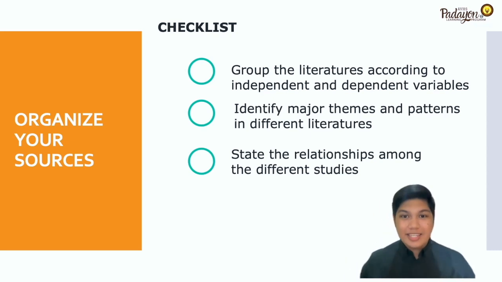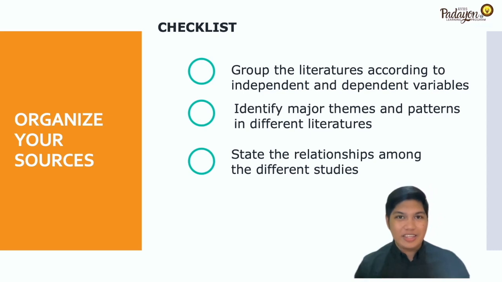Third one is state the relationships among the different studies. Best way of doing relationships would be in addition to, furthermore, according to this. Okay, that is how you build relationship. It's like you're telling that from these different articles, they are still related with one another.